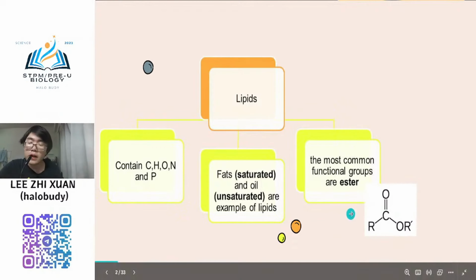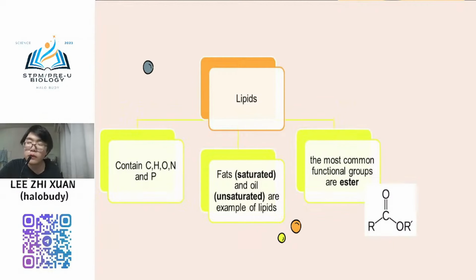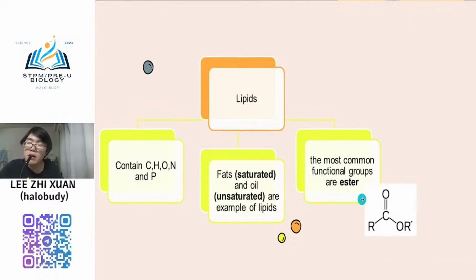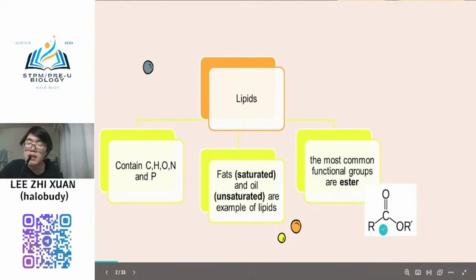So ester, if we change to the common name, is lipid. Because lipid contains the ester functional group. So do we still remember what the ester functional group is? It is a combination of a carboxyl group and a hydroxyl group, right? You still remember the hydroxyl group and the carboxyl group that form the ester.